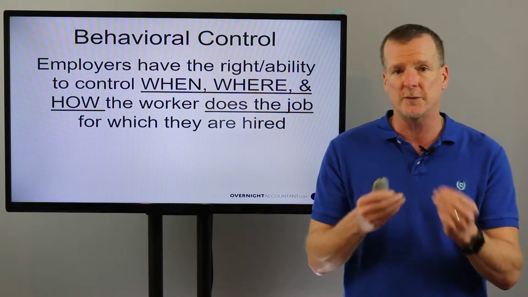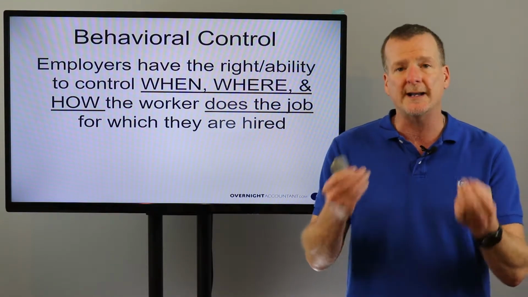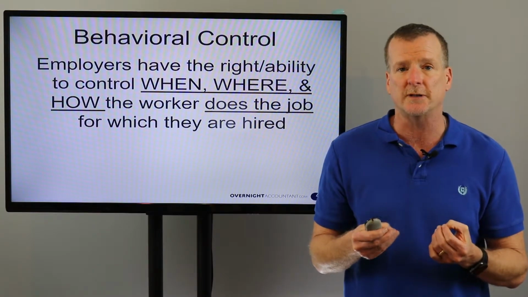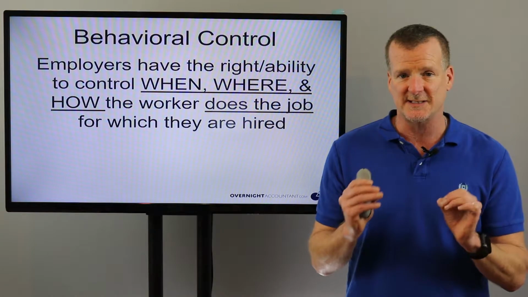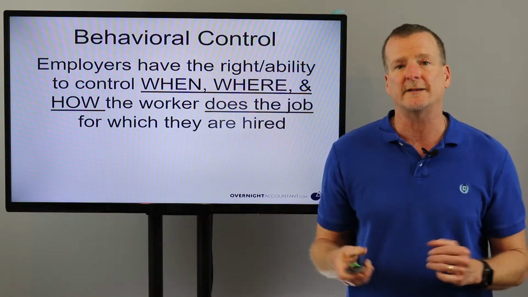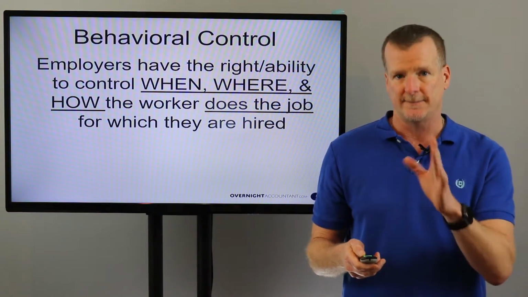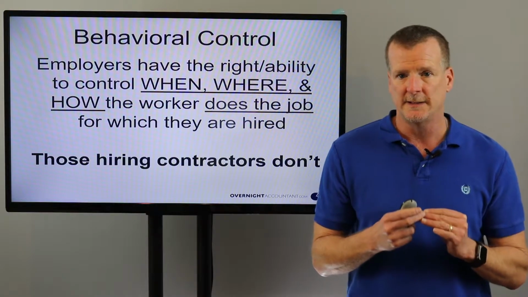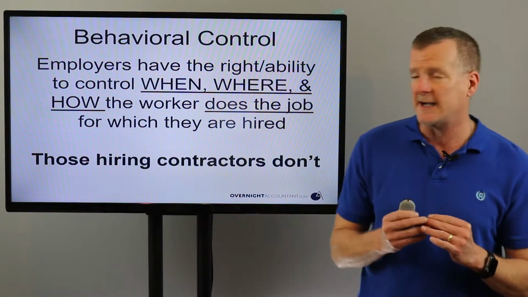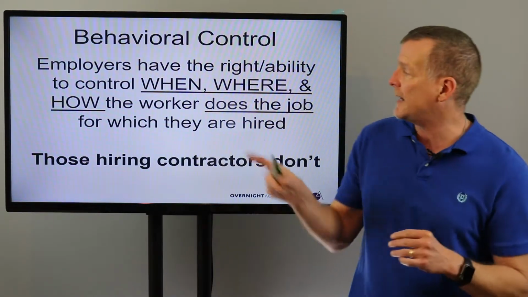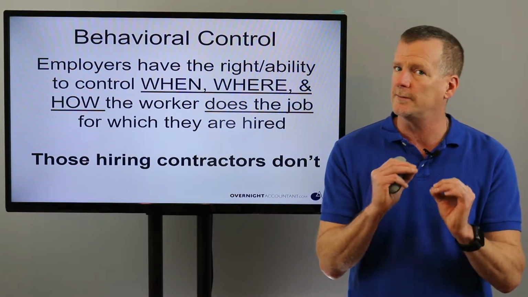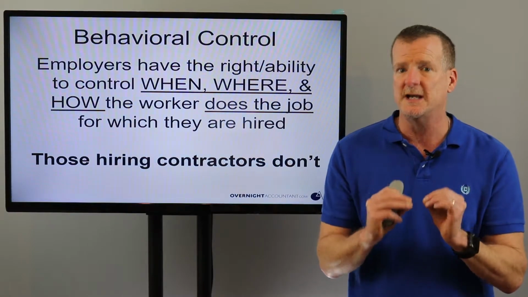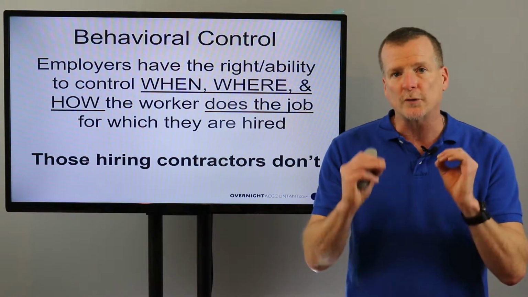So it all boils down to whether you can control when, where, and how the worker gets the work done. The more control you have, it's not cut and dry like anything in these tests. However, the more control, the more likely the worker is to be an employee. Now, if you're hiring contractors, you don't have all this control. You may have a little control in one area. You may have some control in more than one of these areas. However, overall, you don't have control.